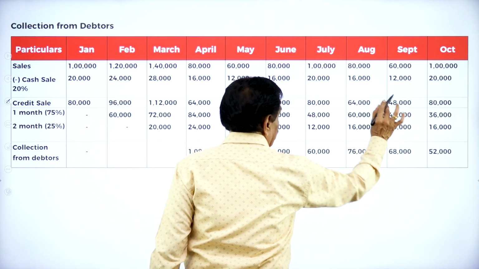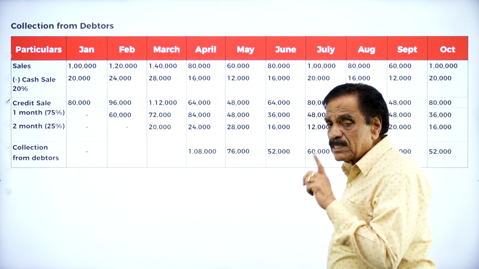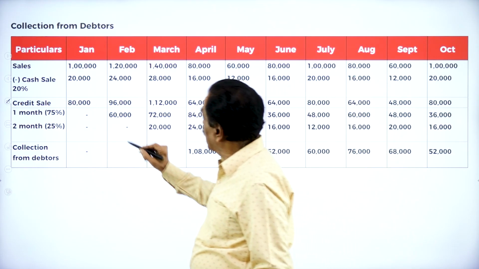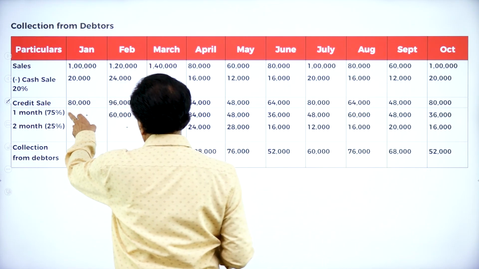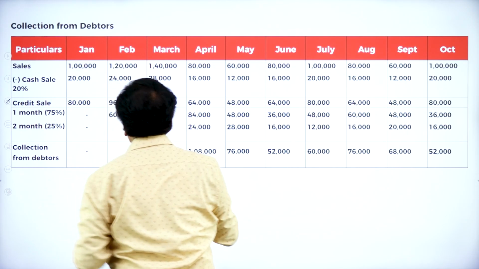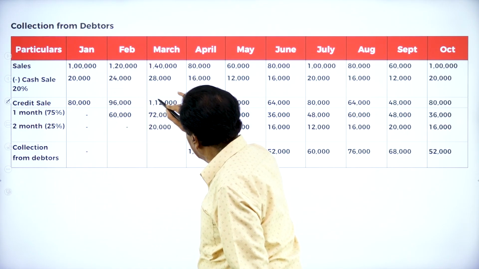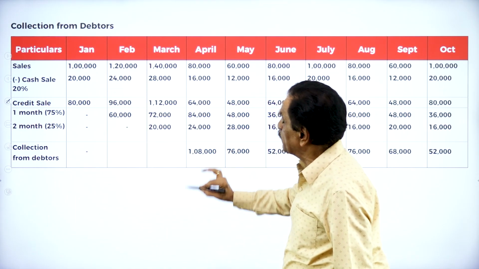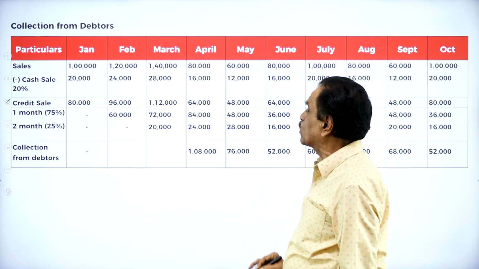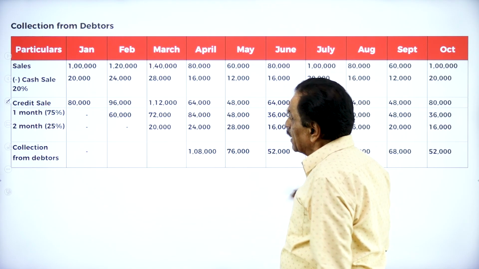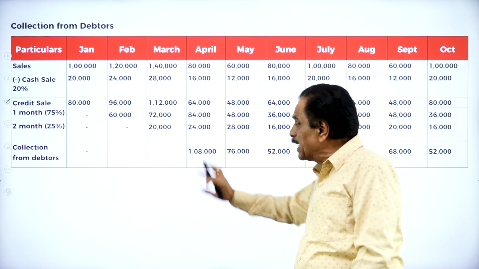All are credit sale. So what does the problem say? 75% will be collected in the next month. So January, 75% of 80,000 is 60,000. 75% of 96,000 is 72,000. 75% of 1,12,000 is 84,000. It will go like this. Then another 25% will be collected in the next month.